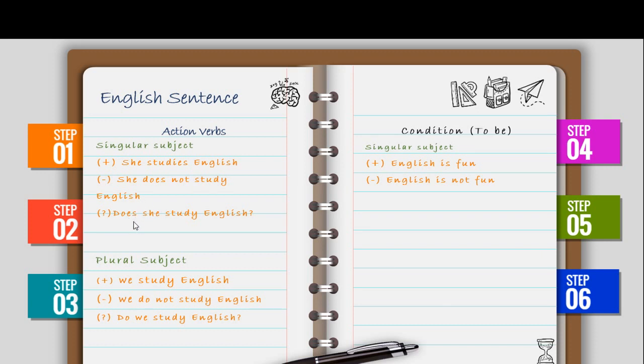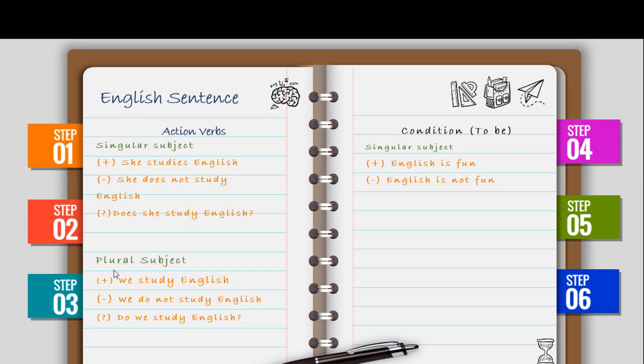So it becomes, does she study English? So study here is back to normal, not studies anymore, because does is in front of the sentence. So when you are making a question, just remember about the sentence itself. Is it an action verb in the sentence or not?